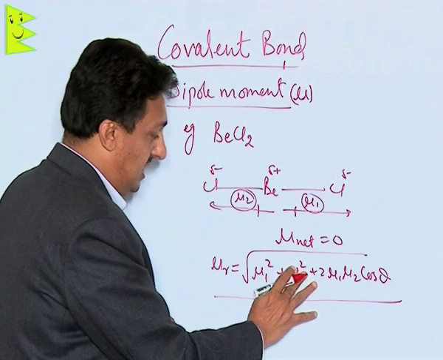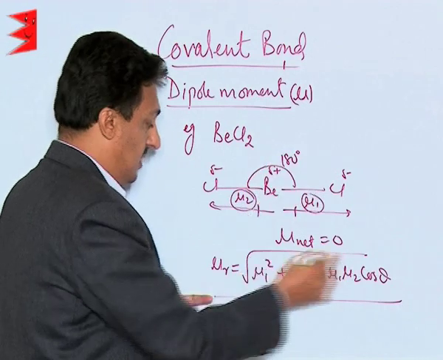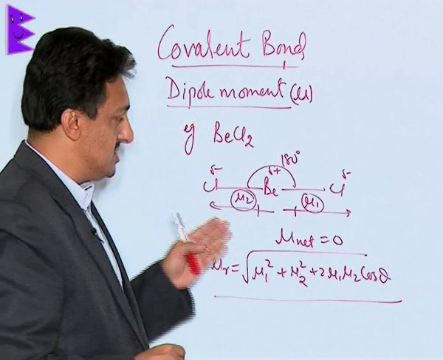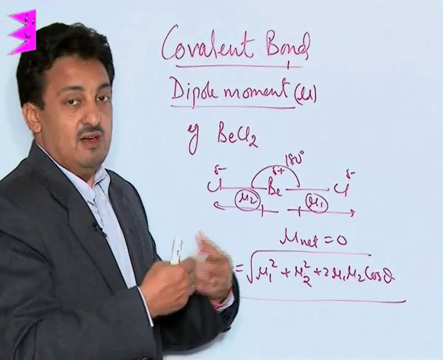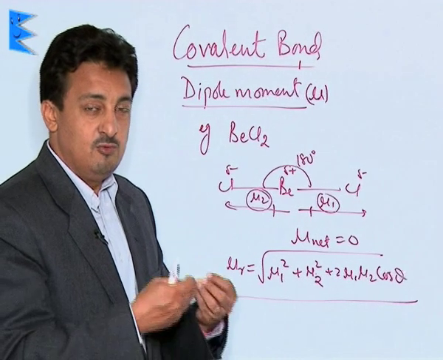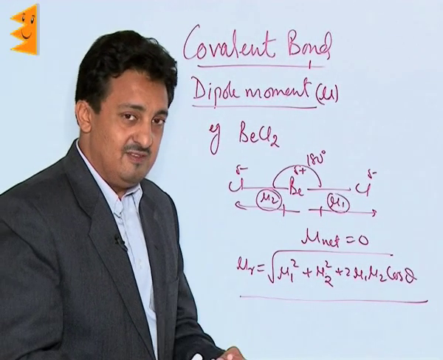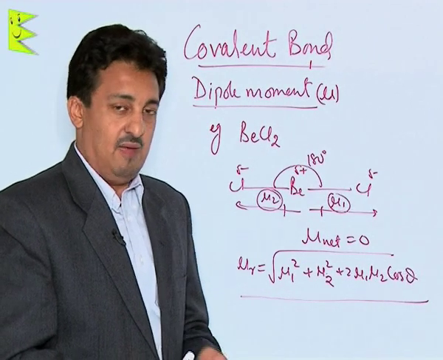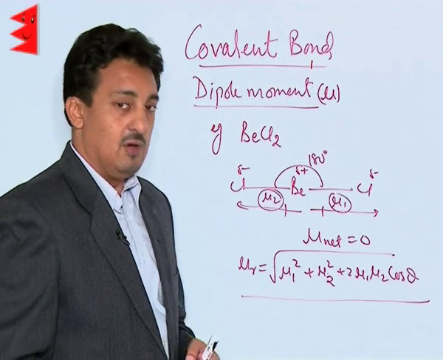Since here the angle was 180 degrees, this becomes 0. It gets cancelled. This is most important: with the help of this formula we find the resultant dipole moment of the molecular species, which depends on the dipole moments of its individual bonds, and that depends on the basic geometry of the molecular species.